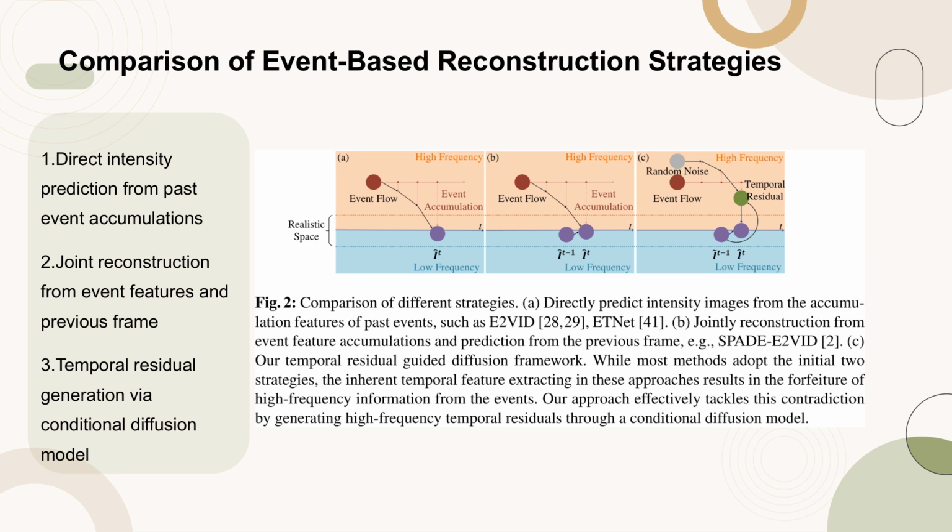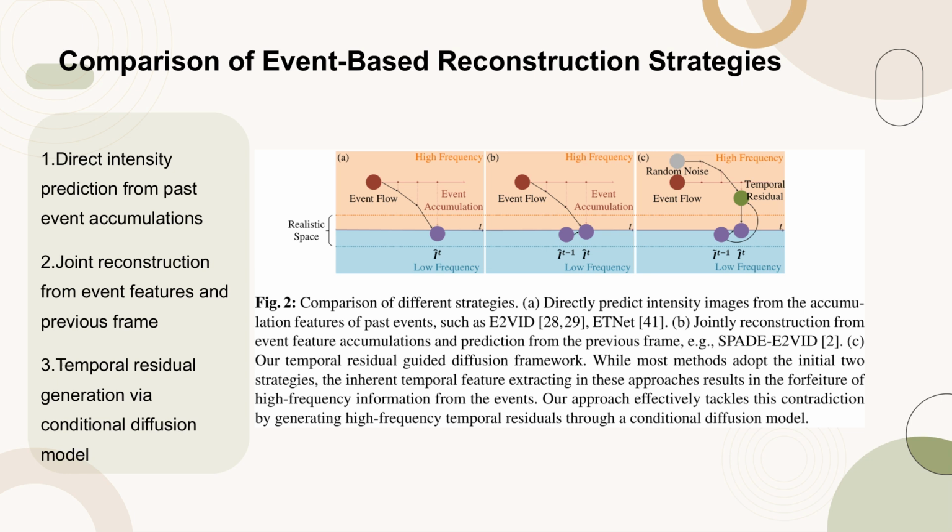Our proposed strategy, C, uses a temporal residual guided diffusion framework, which addresses the loss of high-frequency information by generating high-frequency temporal residuals through a conditional diffusion model. This approach effectively balances the extraction of temporal features with the preservation of high-frequency details, leading to more realistic reconstruction results.